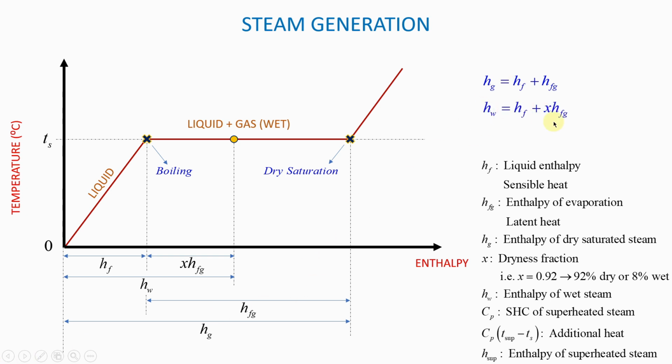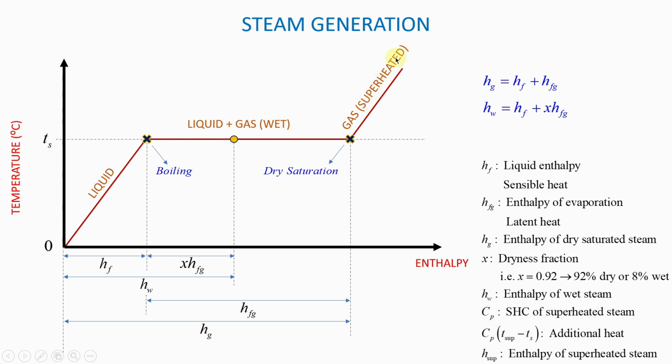Of course, this is hw, it's equal to hf plus x hfg, okay, as I was explaining earlier. Okay, now back to what I was saying. Let us pick a point in this region. And of course, in this region, you can expect the steam to just be a gas, and it is superheated, okay? What is meant by superheated gas?